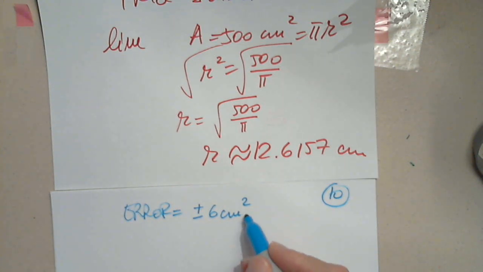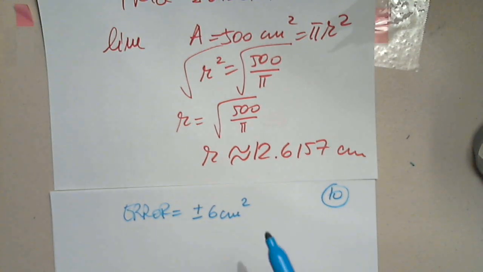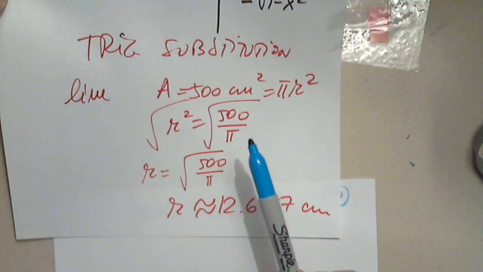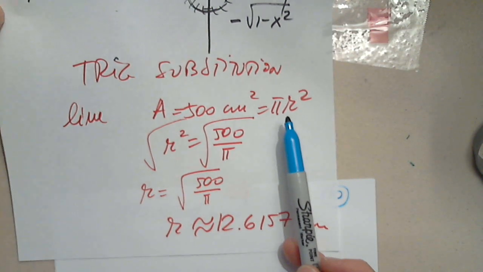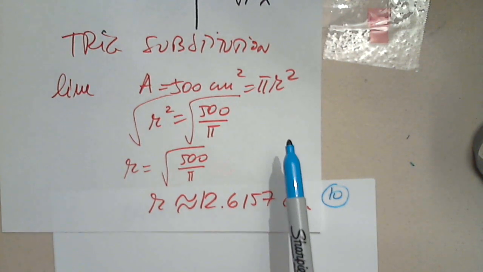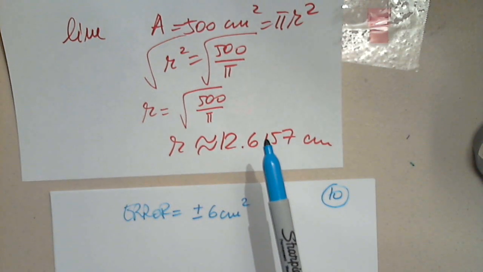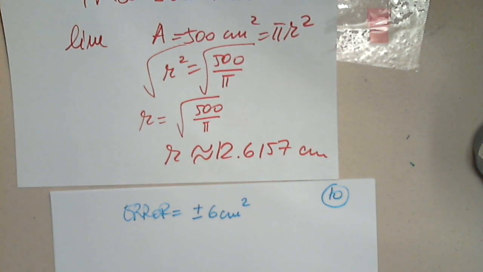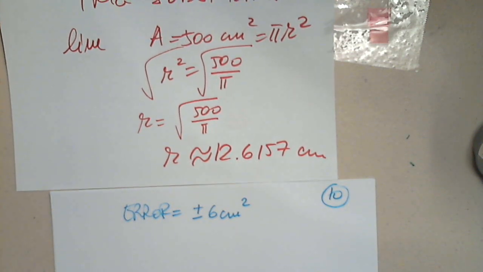So the area of the disk has an error of 6 centimeters squared. So pi r squared, the area, minus the error. It says to control the radius, around your answer, to 4 decimal places.